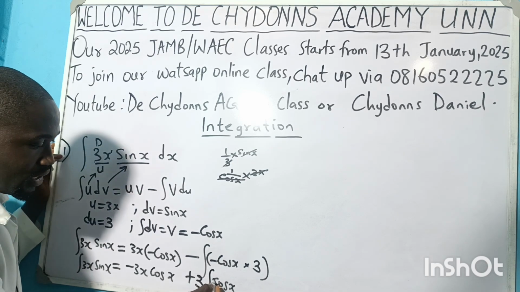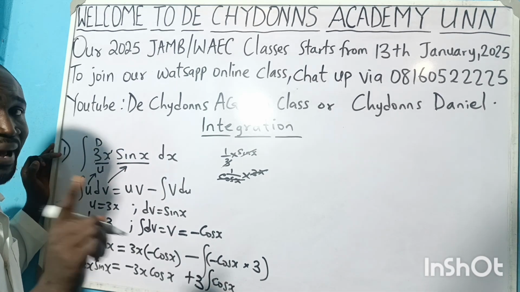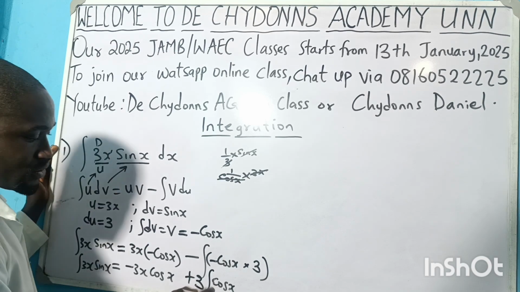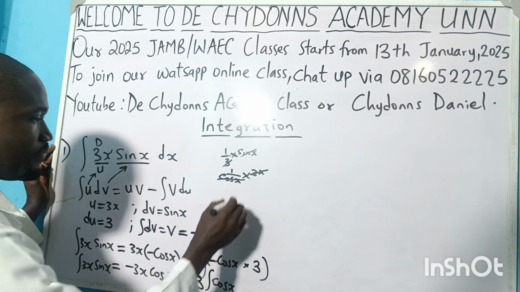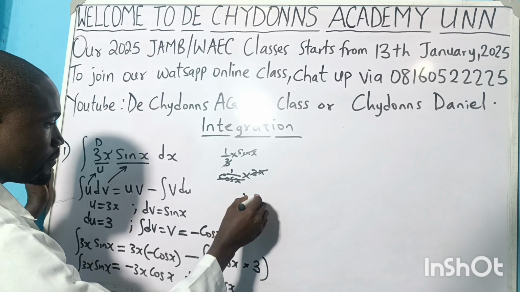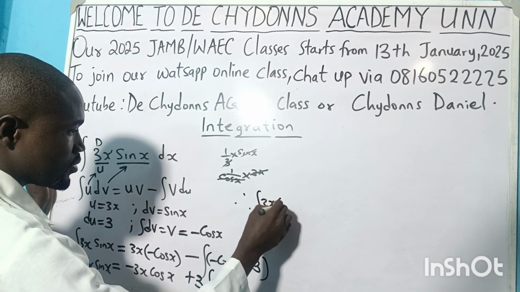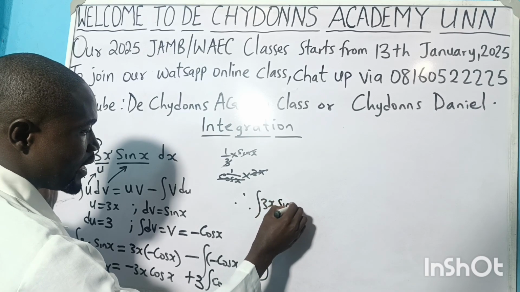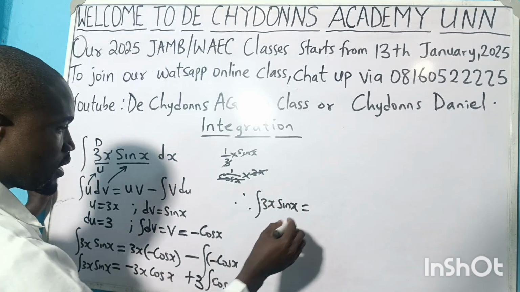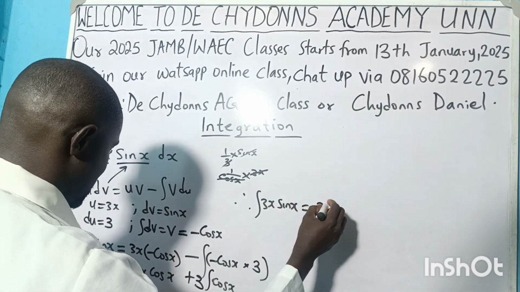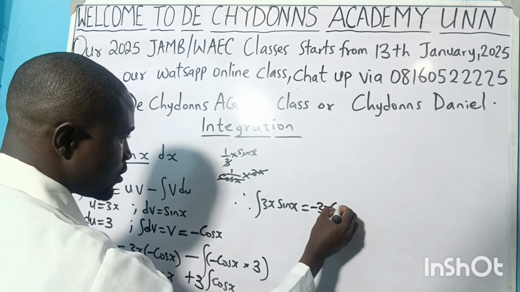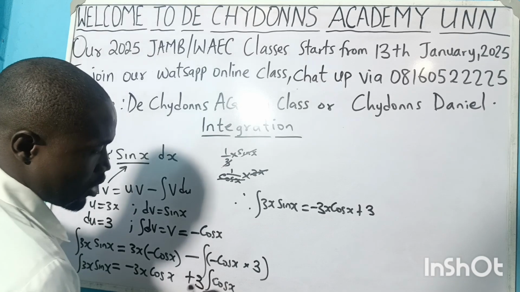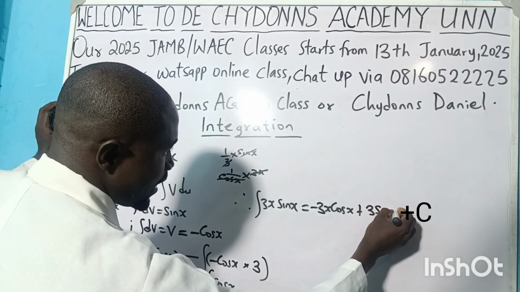Integral cos x is sine x. Finally, the answer: integral 3x sine x will be equal to minus 3x cos x plus 3 integral cos x, which is sine x.